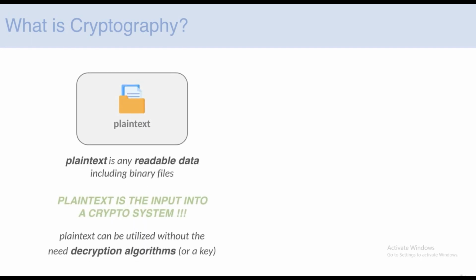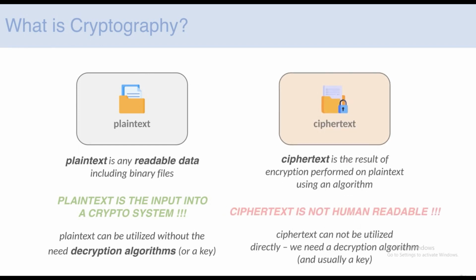Okay, so these are the fundamental applications of cryptography. Let's talk about the fundamental basics. First of all, what is a plaintext? Essentially, a plaintext is any readable data, including binary files. This plaintext is the input of cryptosystems, and of course, the plaintext can be utilized without the need of decryption algorithms or a key. On the other hand, what is a ciphertext?